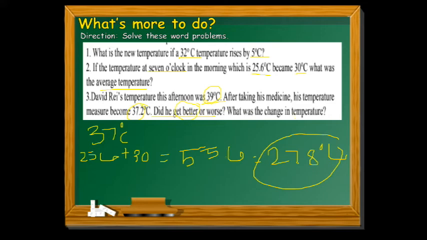We will just subtract 39 minus 37.2. So the answer will be 1.8. Ito yung difference niya. Ito yung change na temperature, 1.8 degrees Celsius. So it's just basic operations lang: subtraction, addition, multiplication, division, kung ano ba yung gagamitin na operation.